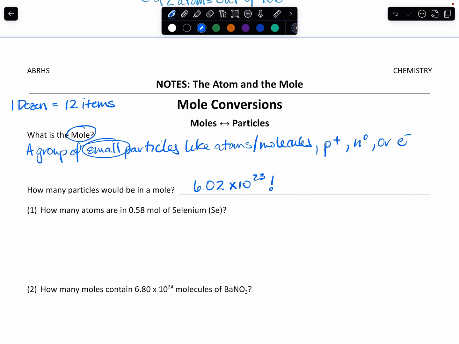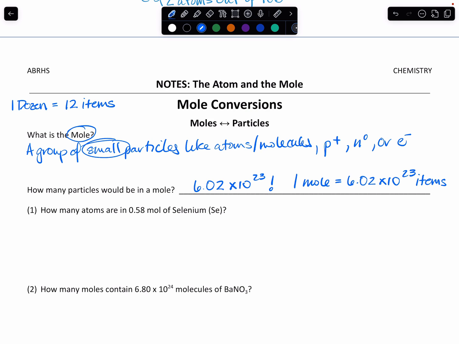That's writing 602 with 21 additional zeros after that. It is a huge number. So one mole of any substance contains this number, 6.02 times 10 to the 23rd items or particles.